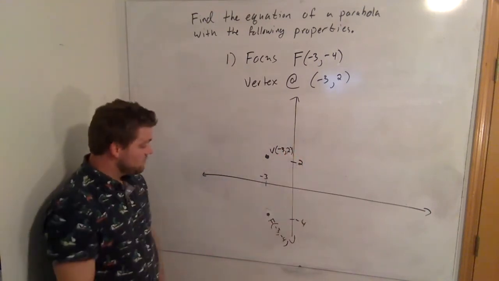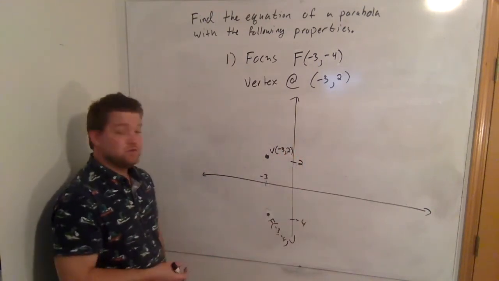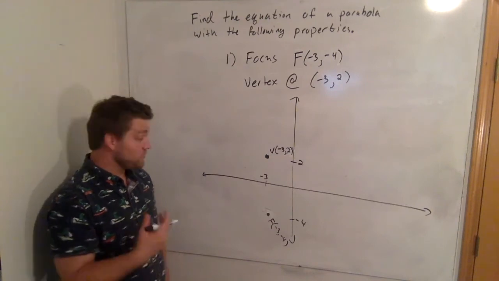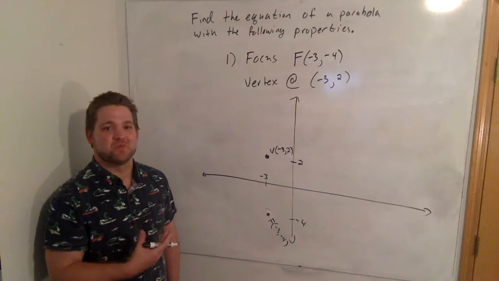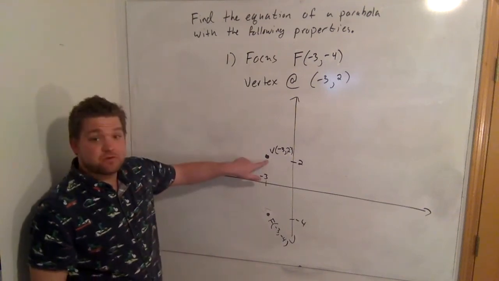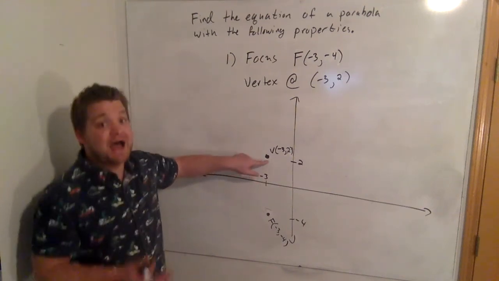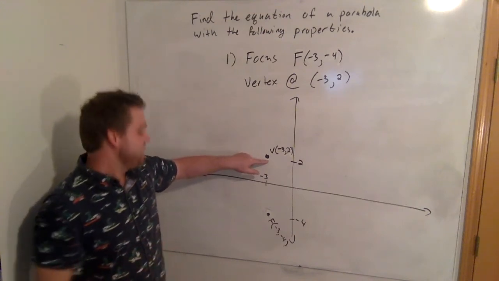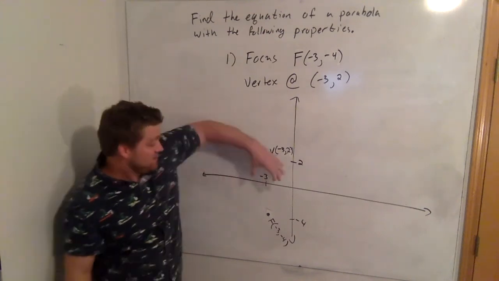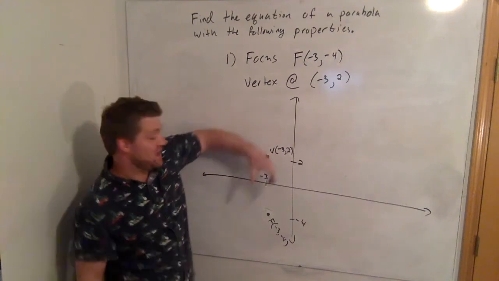Awesome. So the first thing to remember is that the focus will always lie inside of the parabola. So if this is where the vertex is, this will be the highest point or the maximum value this parabola will have. And since the focus has to be inside, this parabola is going to have to be facing downward.